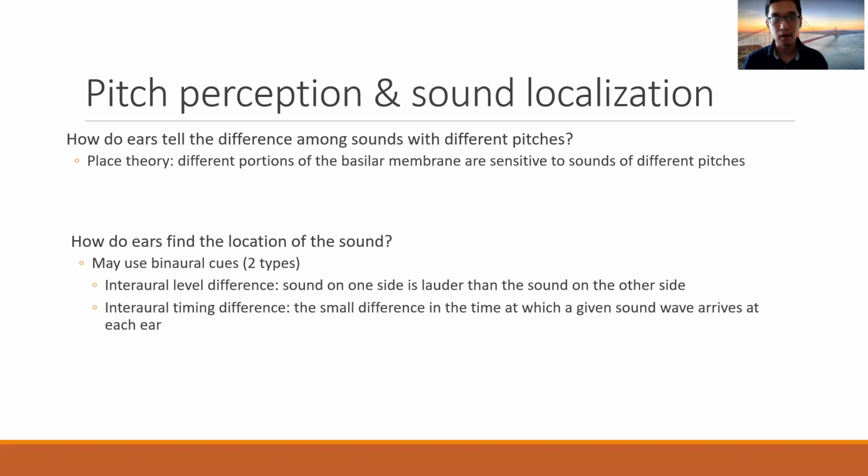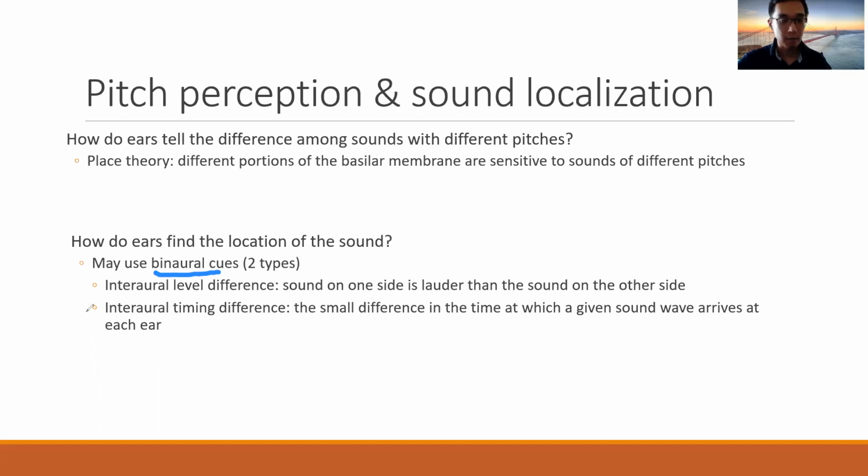Our brain can use the information from the two ears to decide the location of the sound. Those pieces of evidence are called binaural cues. It's not binocular, it's called binaural cues.